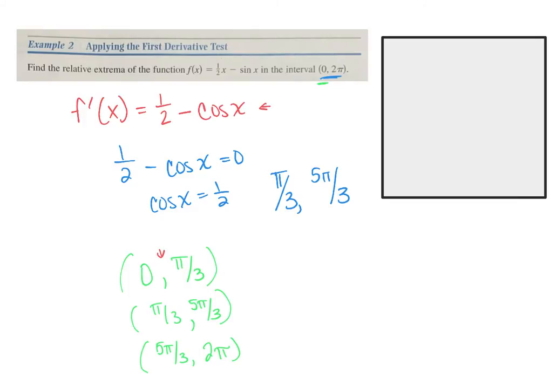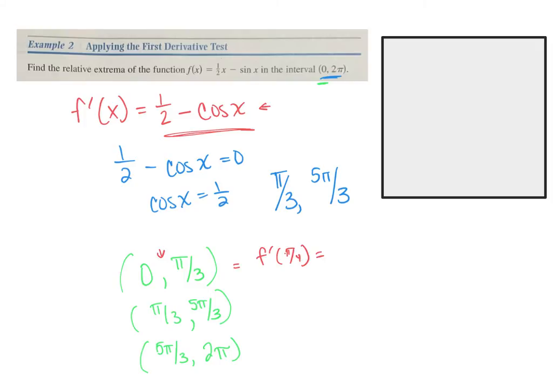Max and min, you go back to your original; we're going to talk about how to do max and min with this as well, but for this one, you go back to your derivative. So they picked pi over 4, so we'll just do pi over 4, plugging it back into our first derivative.